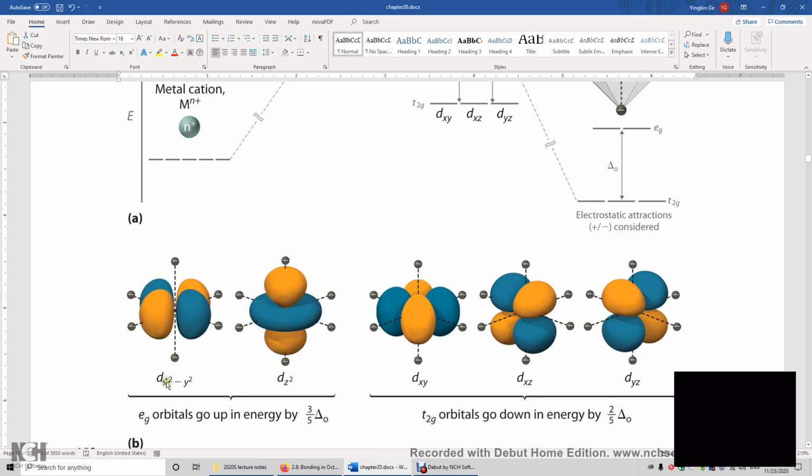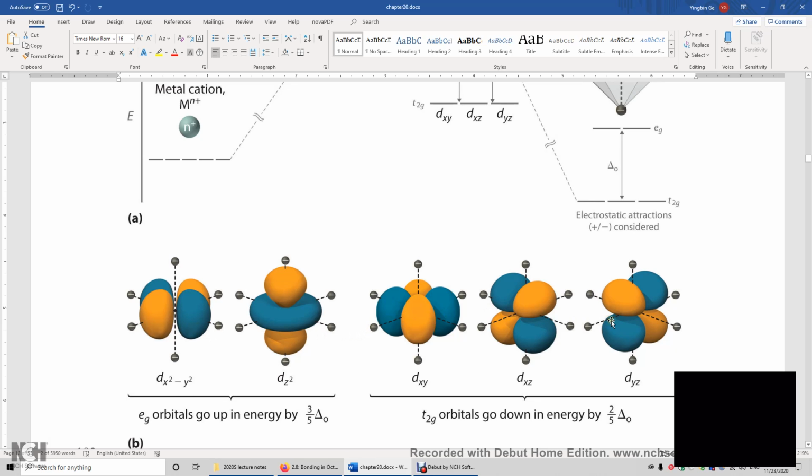Similarly, if you look at dx squared minus y squared, you'll see these four lobes are pointing toward these four negative charges. And that increases the energy of this orbital as well. It turns out these two orbitals both go up by the same amount. So these two will be doubly degenerate eg orbitals.